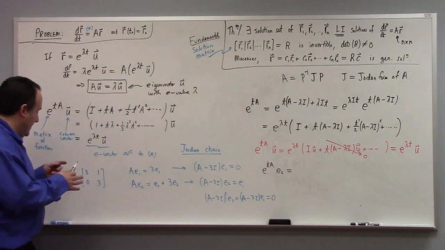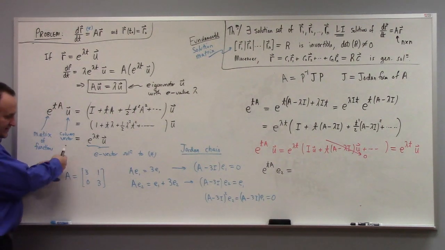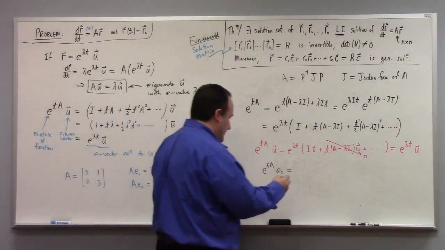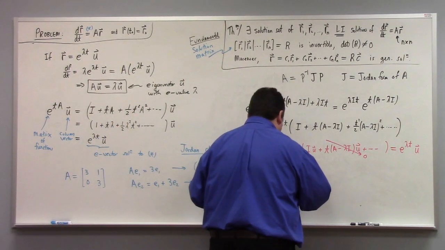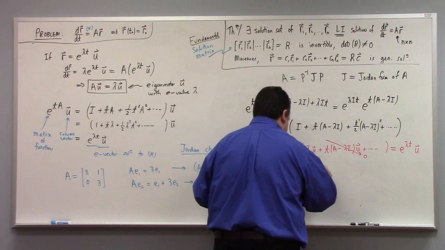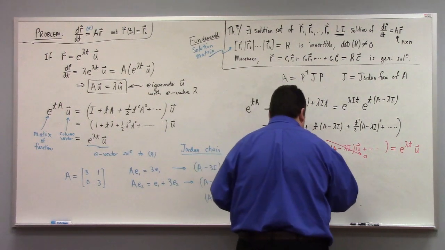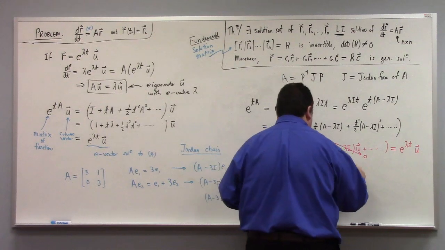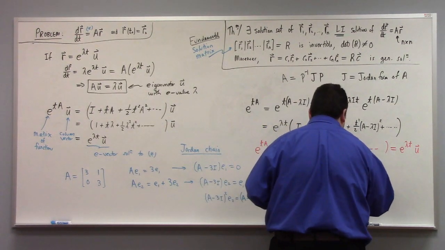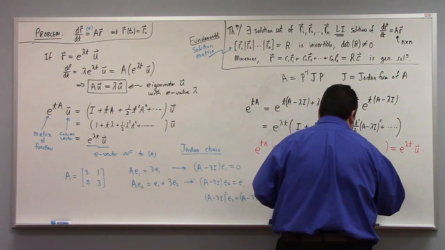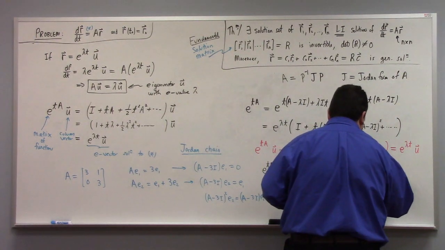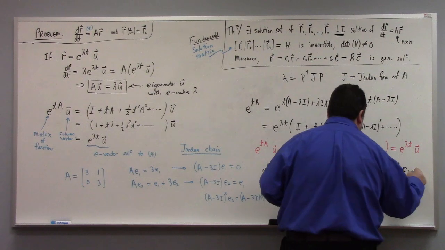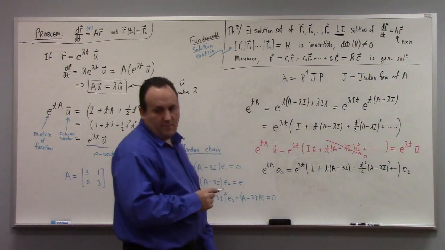What is the eigenvalue for A? It's diagonal. The eigenvalues are manifestly on the diagonal, they're 3. So I'll do e to the 3t times I plus t times (A minus 3I), plus t squared over 2 times (A minus 3I) squared, plus more. Let all that operate on e2. What happens?